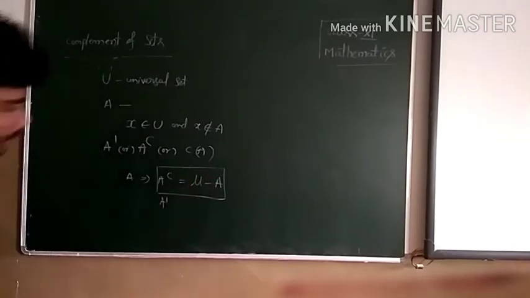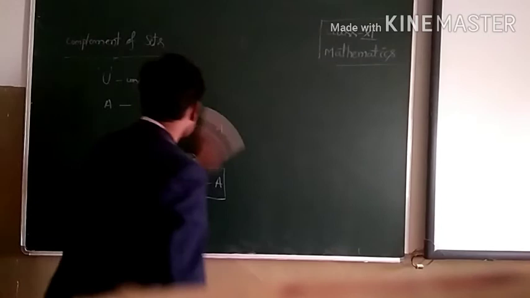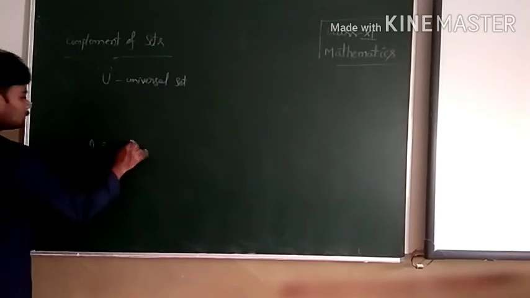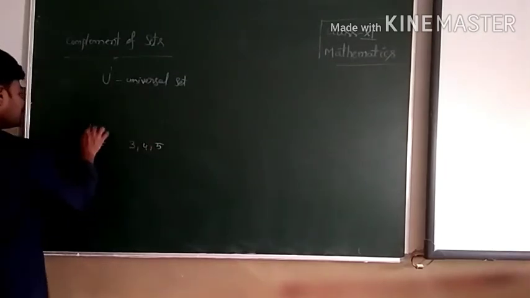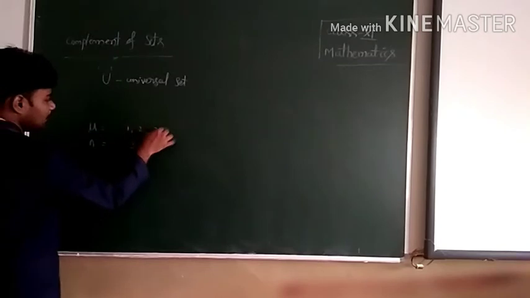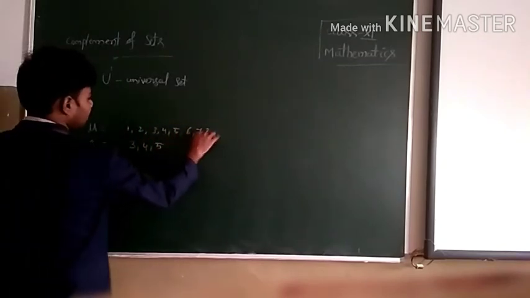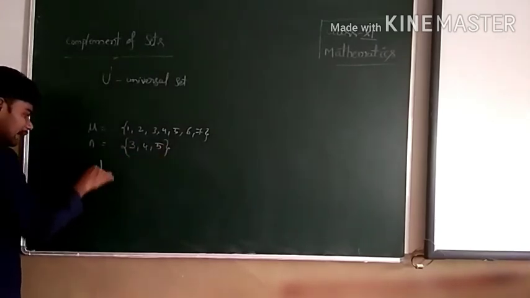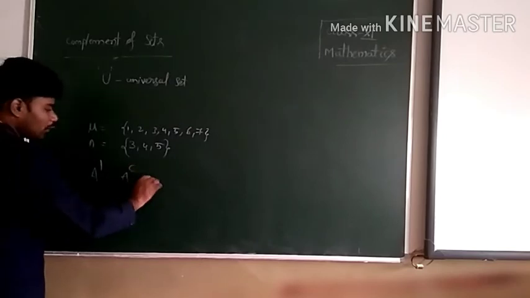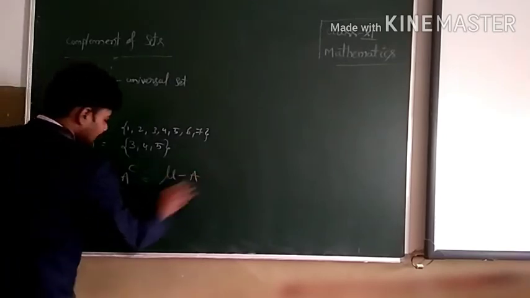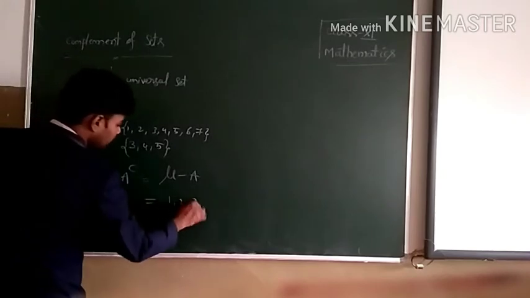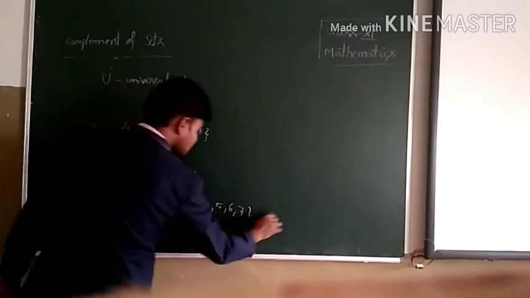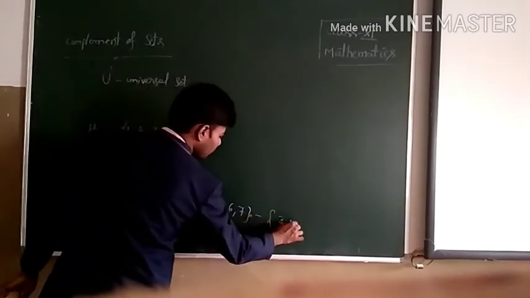Sometimes they give a question like this: A is equal to {3, 4, 5} and mu is equal to {1, 2, 3, 4, 5, 6, 7}. These two sets are defined like this. Then find the complement of A. Then A complement, which is A dash, is equal to mu minus A. Simply, mu is 1, 2, 3, 4, 5, 6, 7 and minus A is 3, 4, 5.